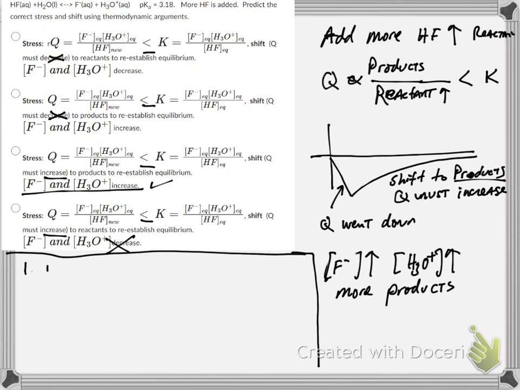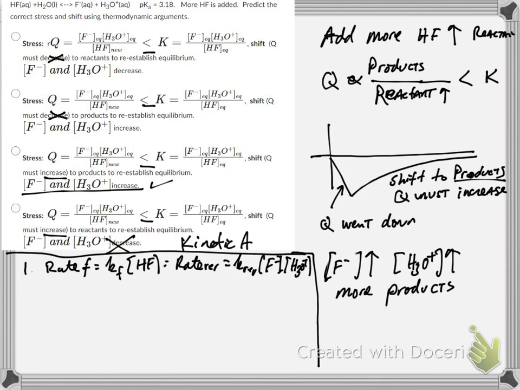Step one is that the rate forward is equal to k forward times HF, and that equals rate reverse, k reverse times F minus times H3O plus. So that's our kinetic argument, if we wanted to make it, just for practice.